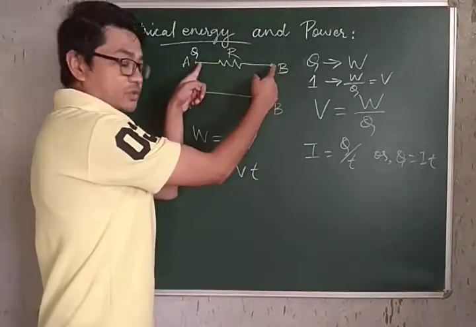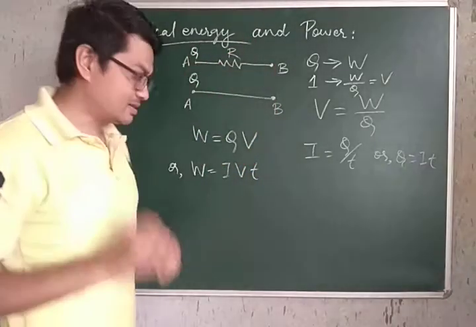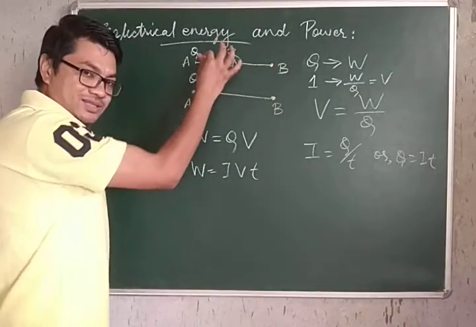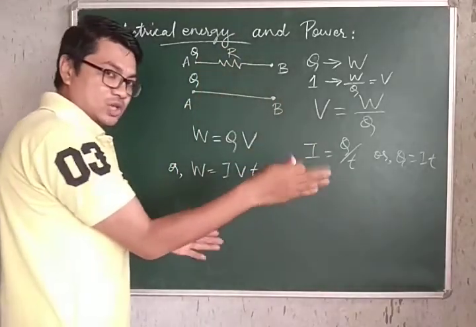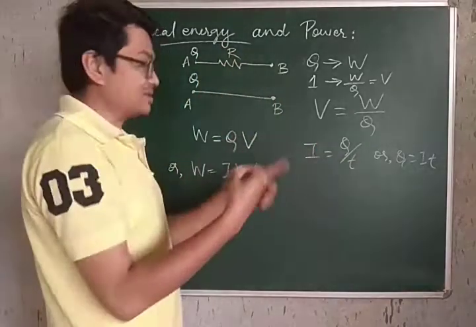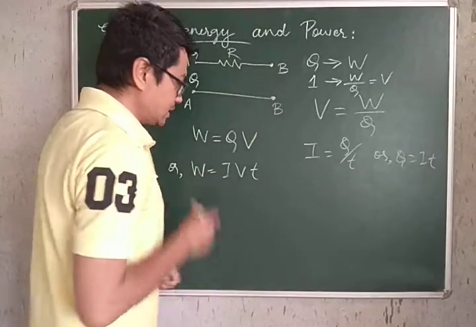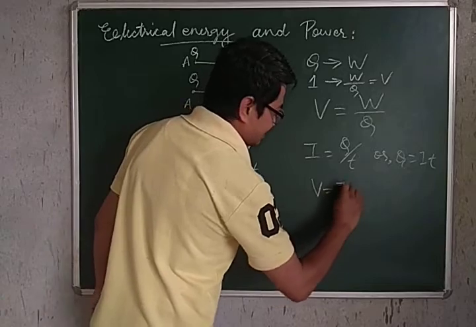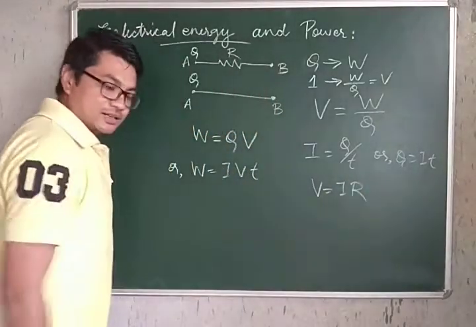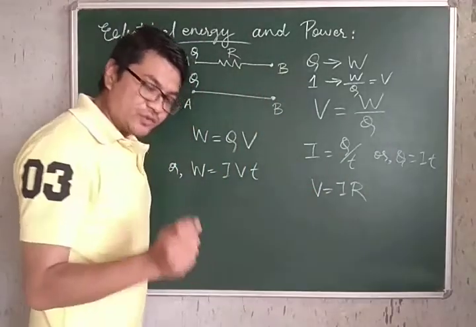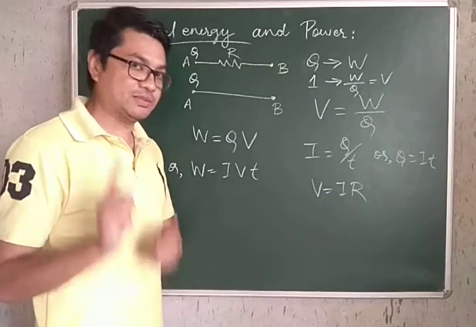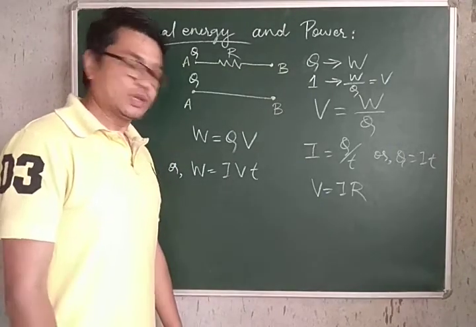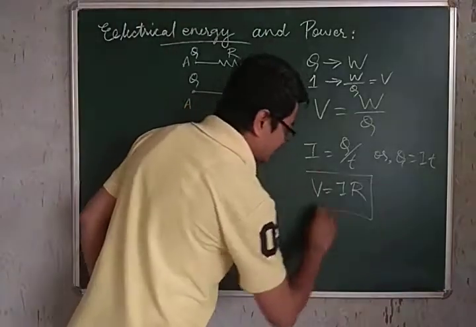So in this electrical circuit now we have a resistor. If the charge Q experiences certain resistance, then from Ohm's law we know V can also be written as I into R. Now Ohm's law is specifically valid for a resistive circuit, mind you, do not forget that.